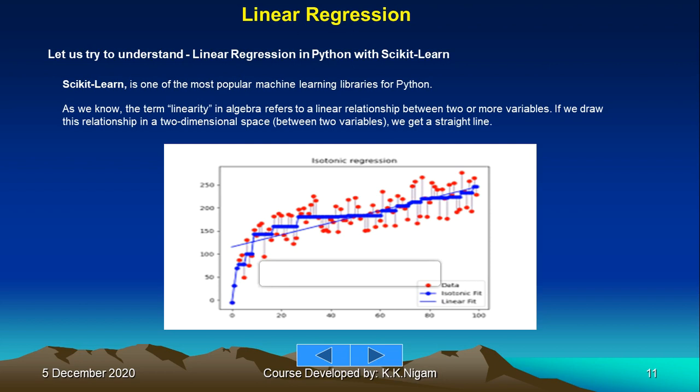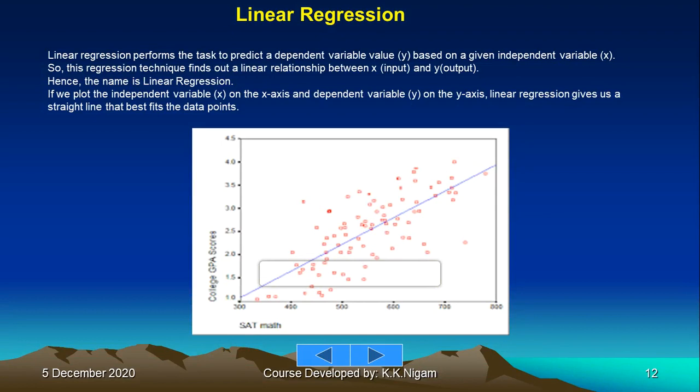If we draw a relationship in a two-dimensional space between two variables, we get a straight line. Linear regression performs the task to predict a dependent variable value y based on a given independent variable x. So this regression technique finds a linear relationship between x and y. Hence the name linear regression.